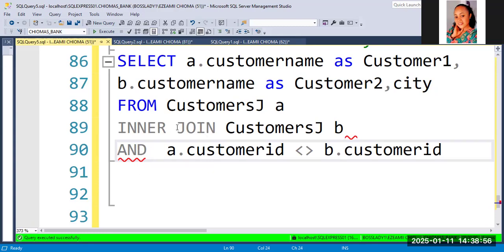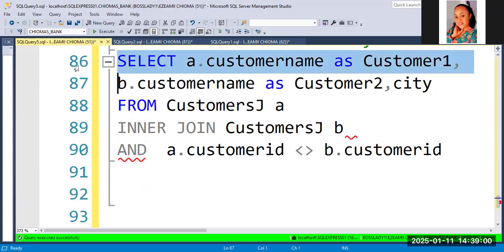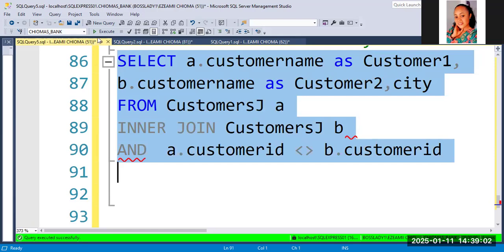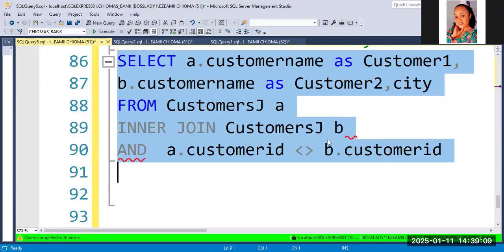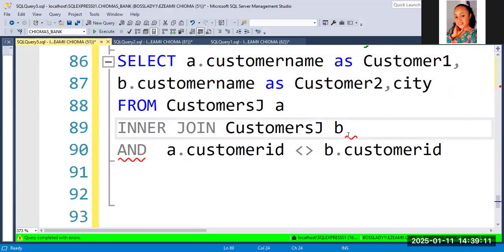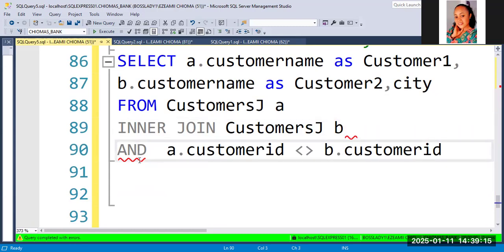So let's see if we joined well. Incorrect syntax near this. Whenever I'm having something like this, I already know that my table is not joined well. So let's see what the issue is.